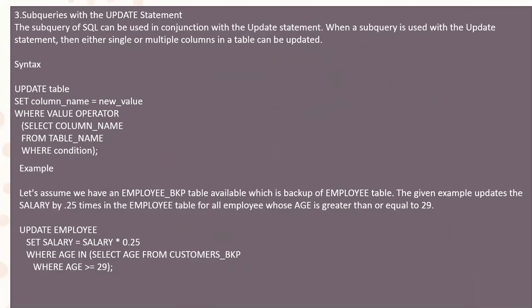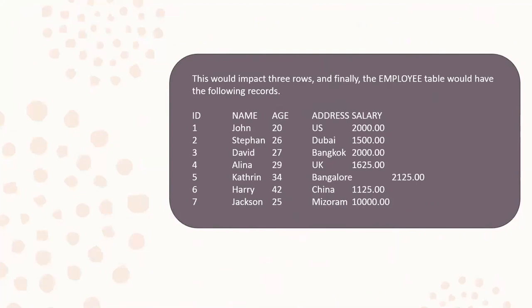So the query is UPDATE employee SET salary = salary * 0.25 WHERE age IN (SELECT age FROM customer backup WHERE age >= 29); This impacts 3 rows, and finally the employee table would have the following records. So the salaries are multiplied by 0.25.